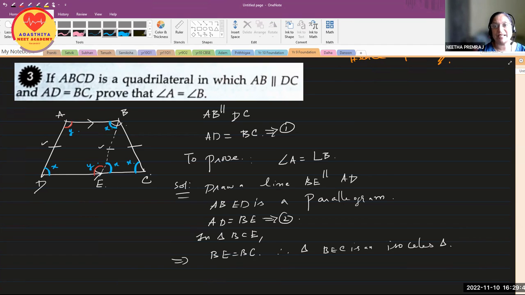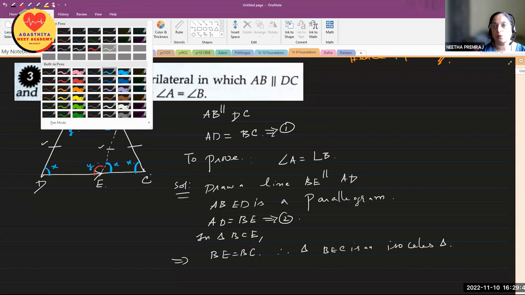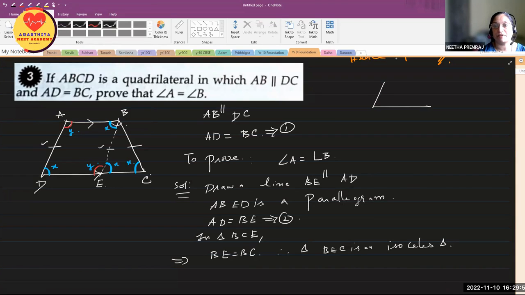You know the exterior angle property of a triangle? Have you heard the word exterior angle property of a triangle? In a triangle, this angle is equal to the sum of these two angles. 1 is 2. So the angle is 1 plus 2. This is called the exterior angle property of a triangle.